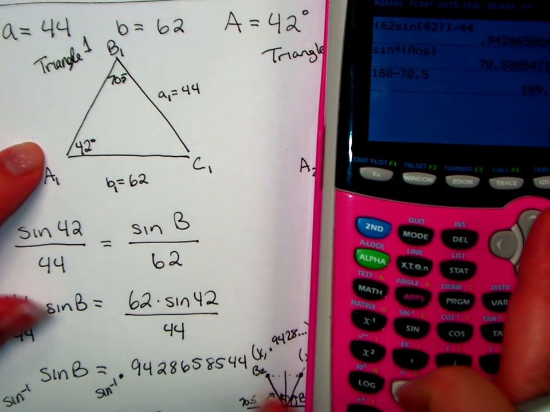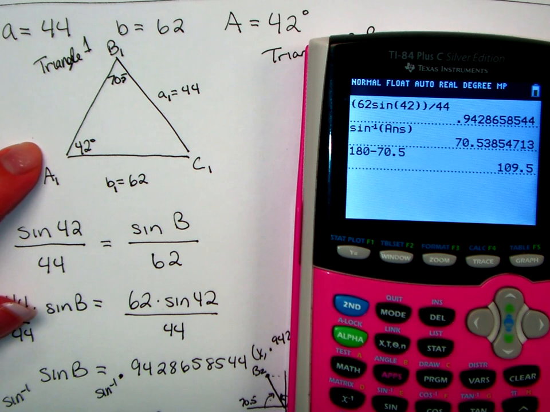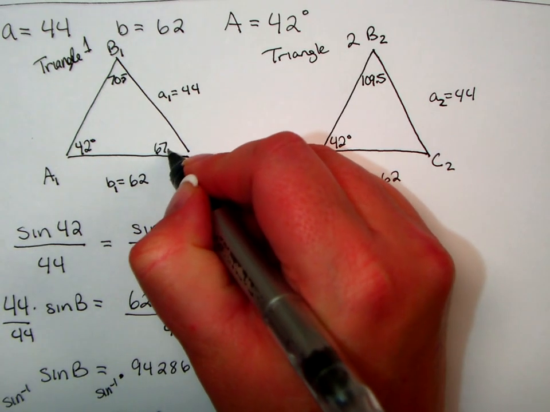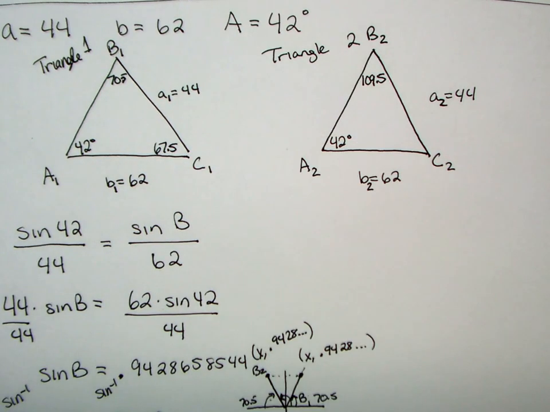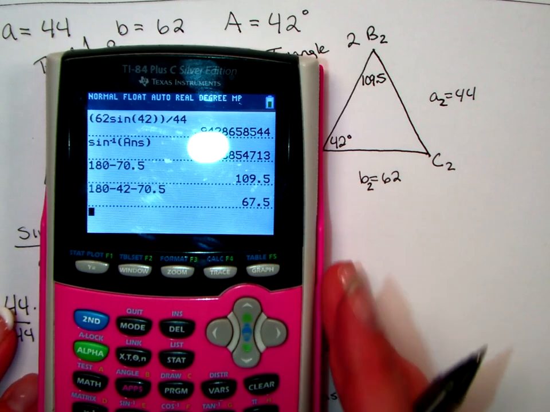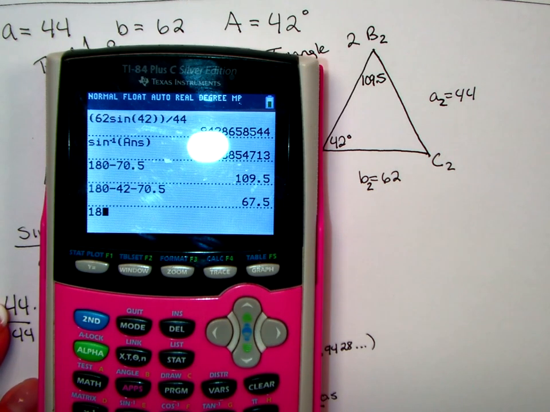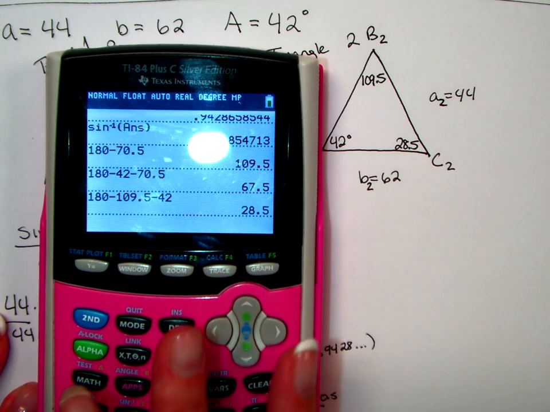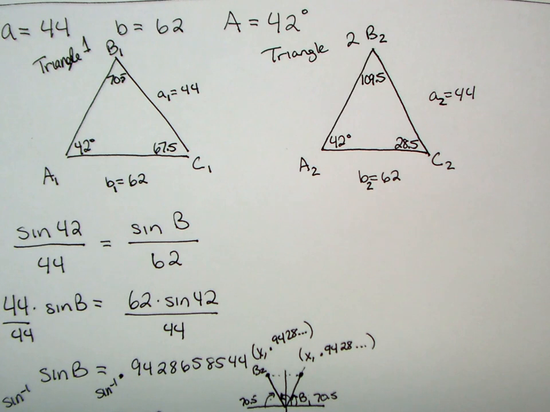I'm not going to show that because I'm running out of room on my paper. 180 minus 42 minus 70.5 leaves 67.5 degrees for C sub 1. Let's go ahead and solve for C sub 2. So 180 minus 109.5 minus 42 is 28.5. So there's 28.5 degrees left for C sub 2.